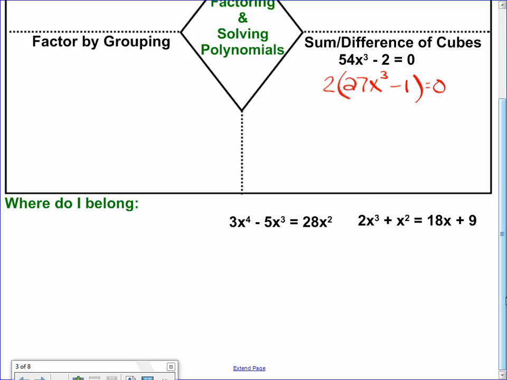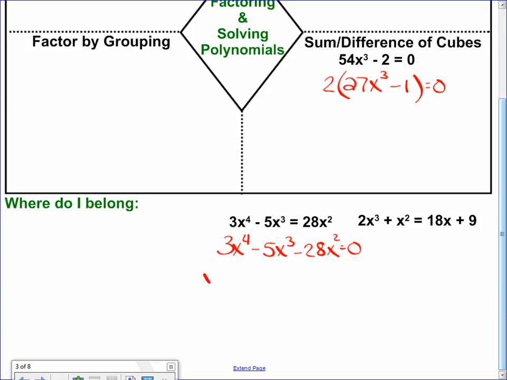All right, next one. What do you want to do here first? Well, subtract the 28. So 3x to the fourth minus 5x cubed minus 28x squared equals 0. Is this one quartic? Because there's an x to the fourth? What do you mean it's quadratic? Take that GCF out first. Absolutely.